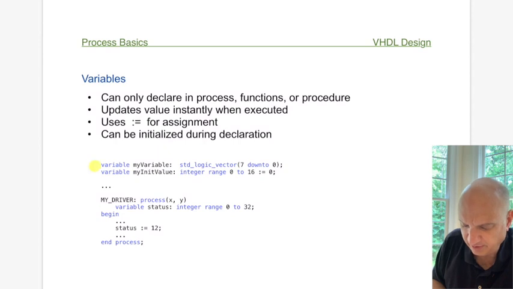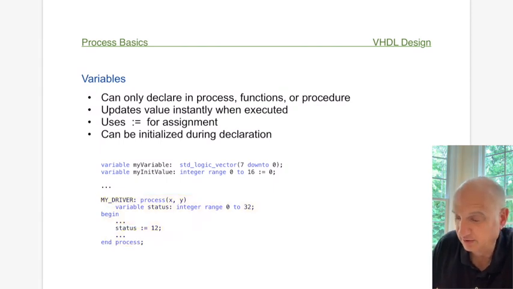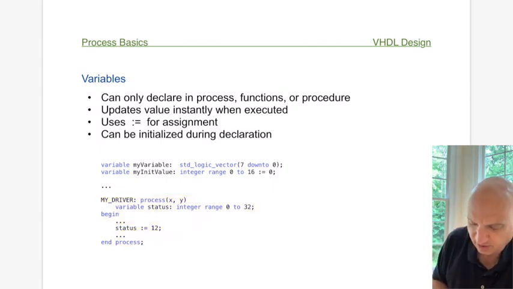Now this area right here would be in the declaration part of the process, whereas this area here would be in your definition part, right after the begin in the process. So I'm declaring a process, giving it a name. Remember, I stressed the names are so important.